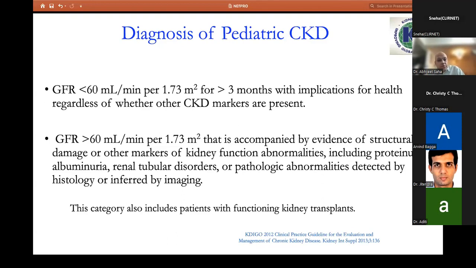And in patients who have a GFR of more than 60, if it is accompanied by any structural damage, as you can see in this child on ultrasound, or other markers of kidney damage, including proteinuria, albuminuria, renal tubular disorders, pathologic abnormalities detected on histopathology or imaging, it all constitutes chronic kidney disease.